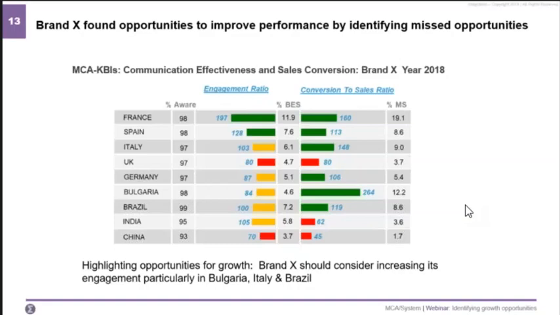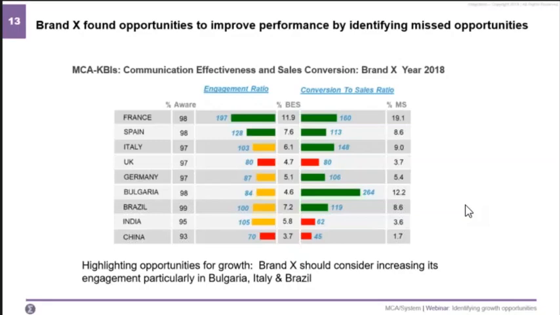In other words, their ability to sell, because their mix of product, price, and distribution is strong, is already well established, but they are not communicating as effectively as they could. So they're either at or in some cases below the average of the category in terms of engaging consumers. And that's an indicator that says if you are able to move resources into those markets to improve the level of communication you're achieving, you have the foundations to grow very quickly. So you've identified a growth opportunity.